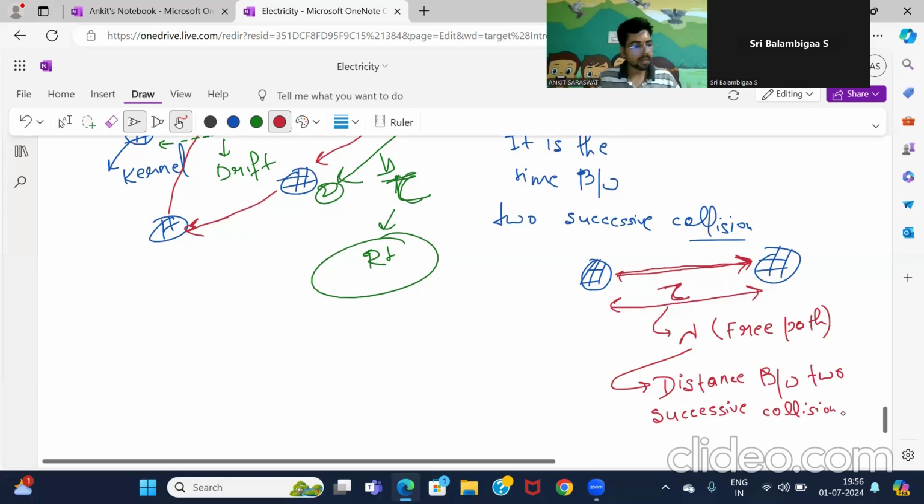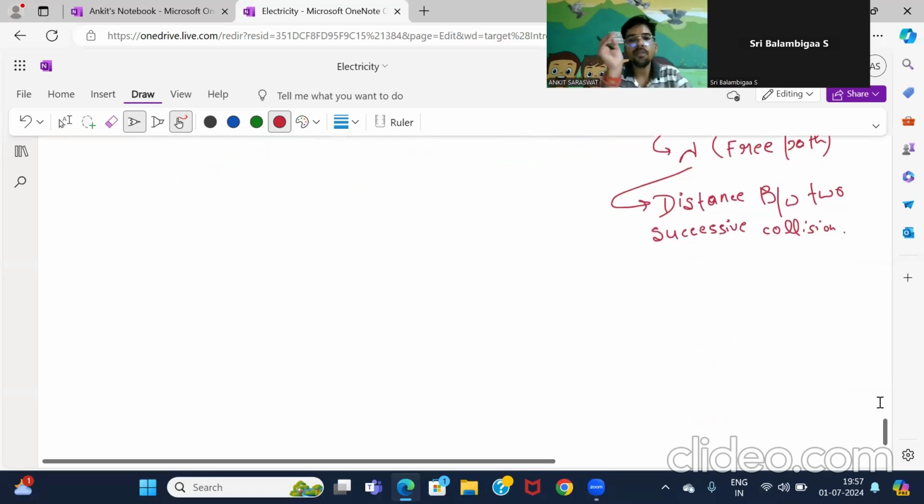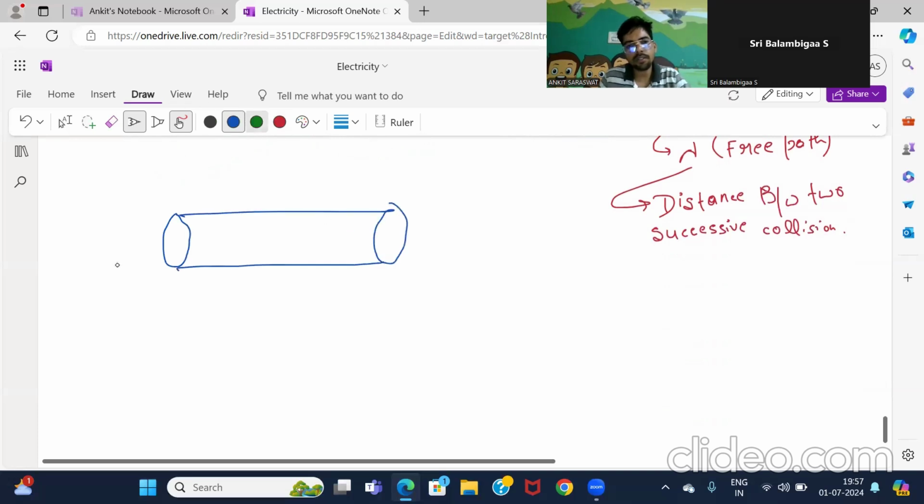Now the derivation part. We will derive the drift velocity. Clear? So when you connect any wire with a cell, then what is happening?